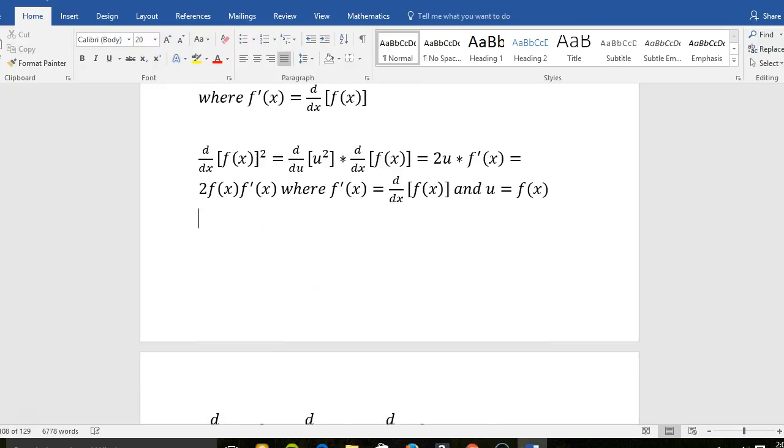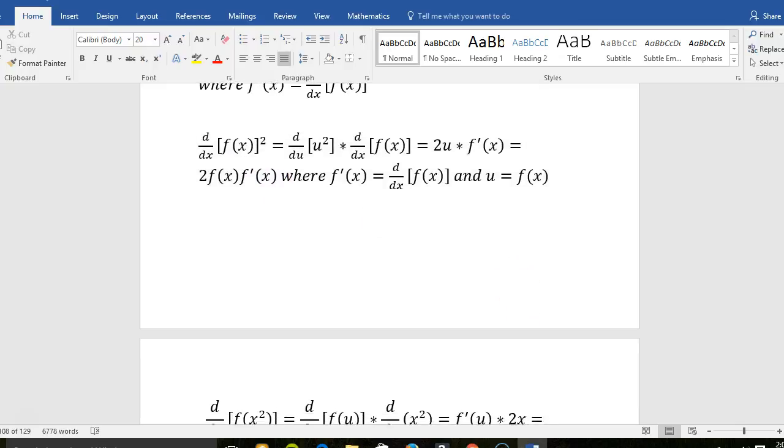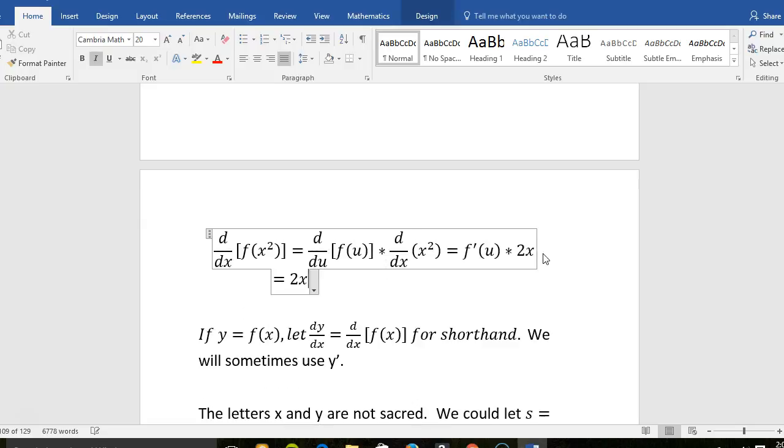Notice here, with this one, I got 2 f of x, f prime of x. I'm not going to get that down here. This is not the same thing. So I have 2x times f prime of u. Just out of good manners, I'm going to put the 2x in front. And I don't have to write the times sign this time. I can, but I don't have to.